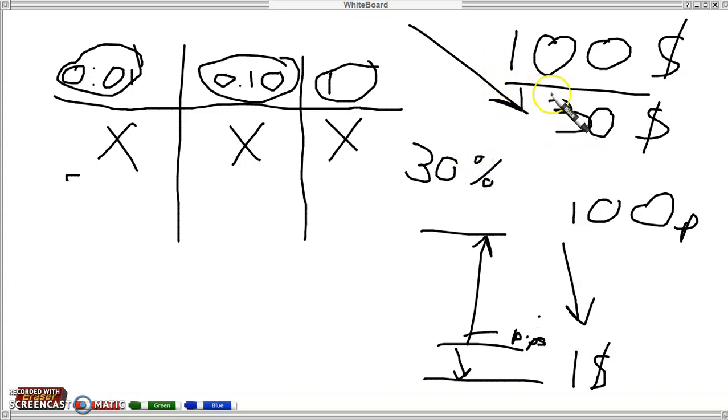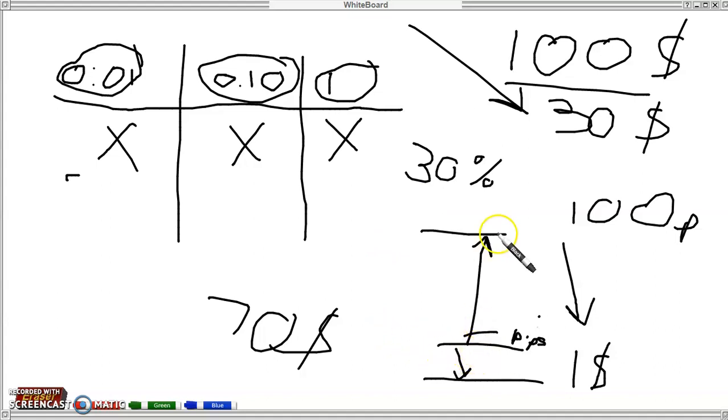Because if you risk 30% of your account and you lose that trade, you will basically have $70 remaining in your account. We call this high risk, high reward, and that's not the way you should trade. We want low risk, high reward, or low risk, low reward. That's the way we trade.